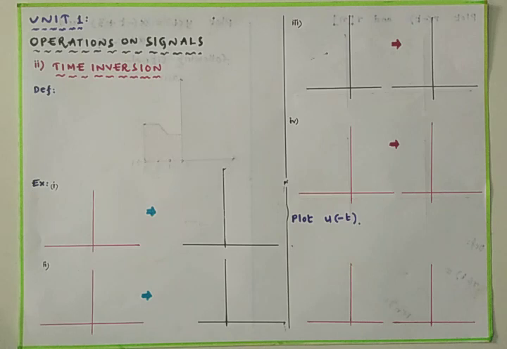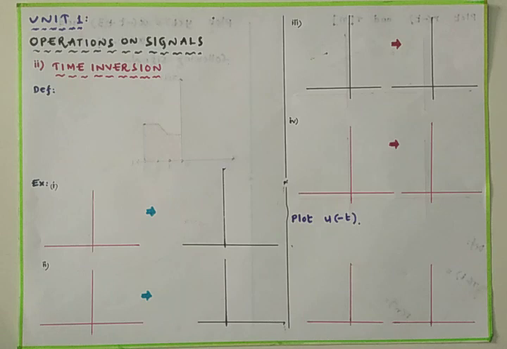So we have a particular signal, x of t. If we apply some operation on x of t, we get a new signal, y of t, without changing the signal characteristics. If y of t is shifted in its position, then that operation is named the time shifting operation.